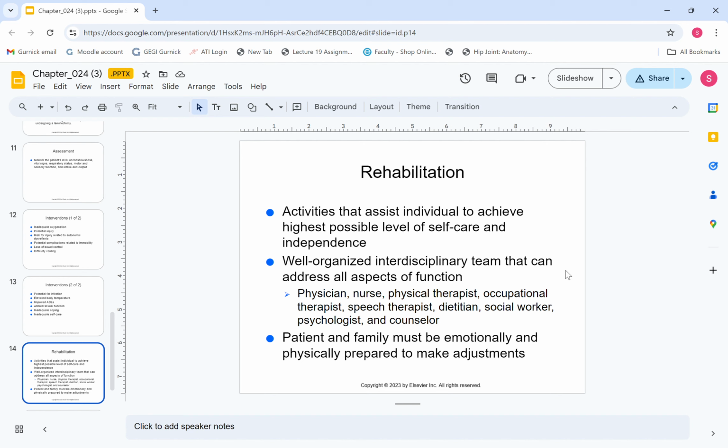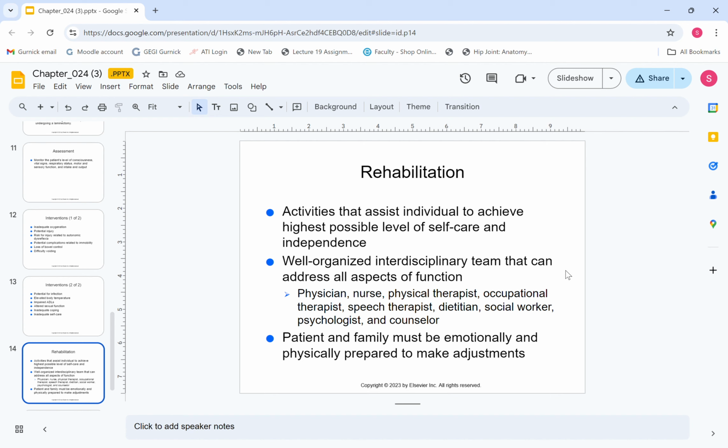All of these people are going to be on the patient's team and work together to help the patient. For instance, the dietitian might help the doctor order the proper diet for a patient. The speech pathologist might assess swallowing ability in a patient.